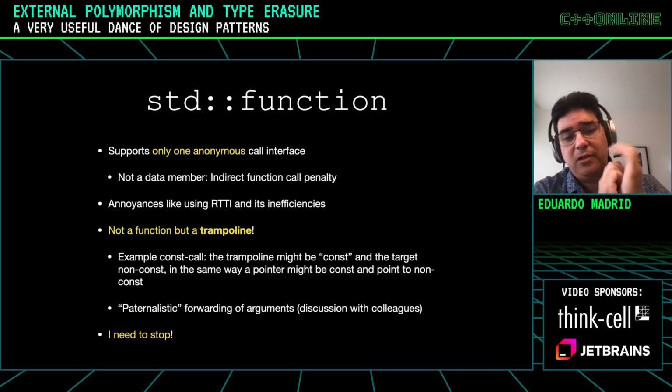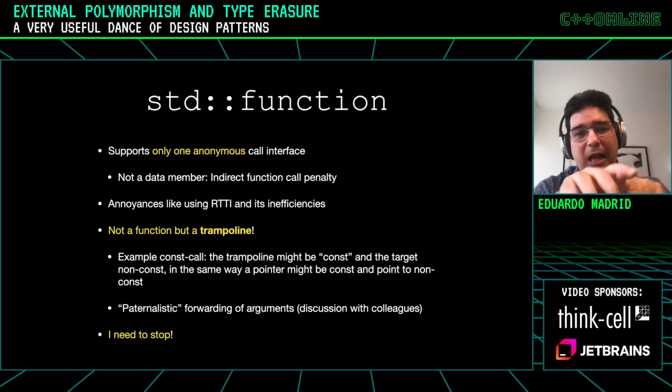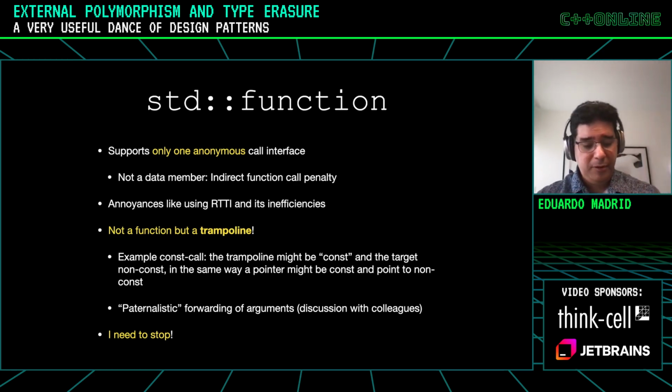Another problem is that this is not a function. The name is quite misleading. This is a trampoline. And the difference between a proper function and a trampoline is that a trampoline tells you that you're going to jump. And so that is already a very conspicuous warning for the design of the call signature that you're going to get there.